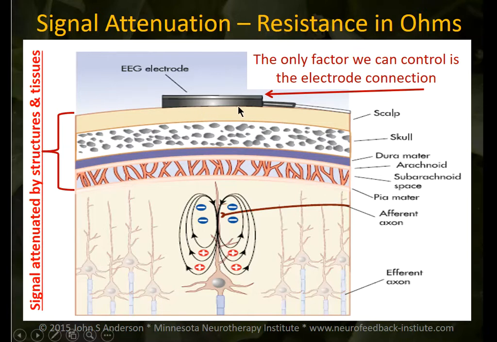So by the time it reaches this sensor on the scalp surface, we're reading in the microvolt range, which is in the millionths of a volt. Now, multiple factors affect this attenuation or blocking of the signal to the scalp surface, and most of that we don't have any control of.